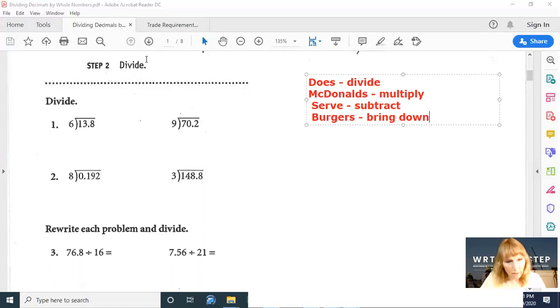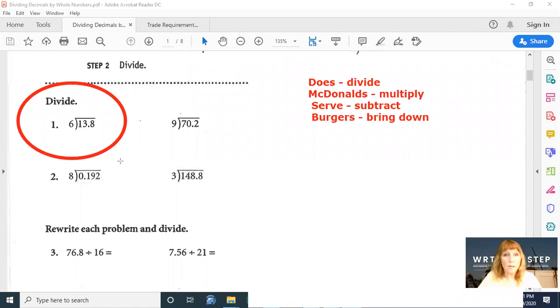So the first one we have is the one over here, 13.8 divided by 6. So I'm going to do that one on the right here. It'll be a little bit bigger. So we have 13.8 on the inside, and we have 6 on the outside.